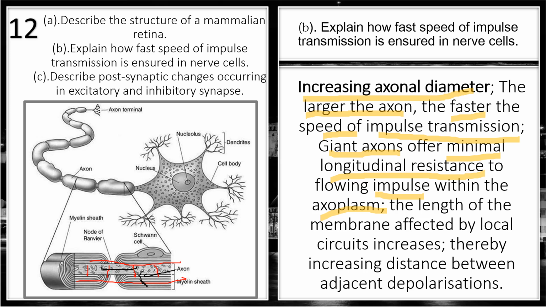When the impulse is passing through a very giant axon, it receives less resistance from the longitudinal flow of the axoplasm. The length of the membrane affected by the local circuit increases, thereby increasing the distance between adjacent depolarizations.